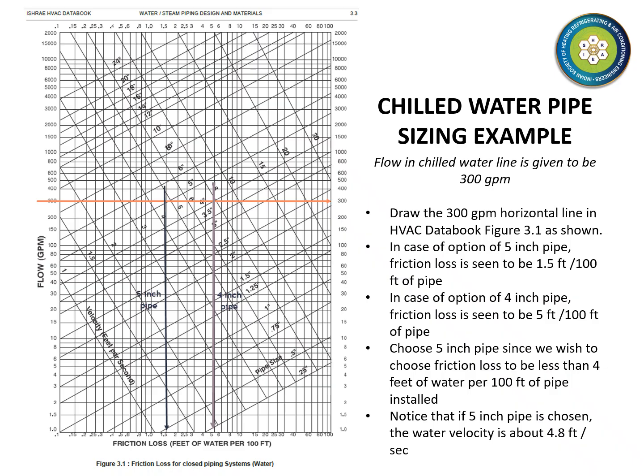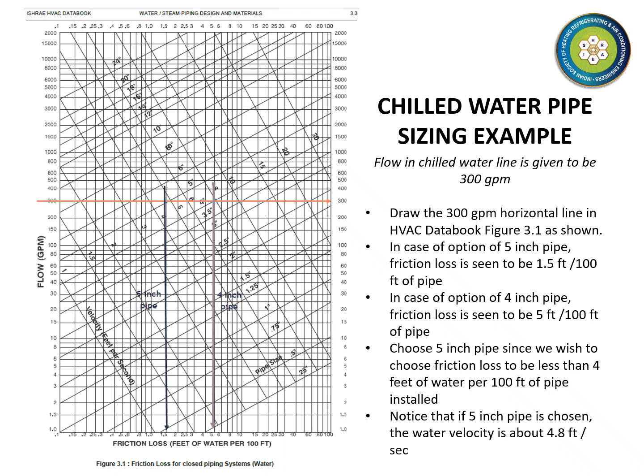We can see from the chart that in case we choose a 5-inch diameter pipe, the friction loss will be 1.5 feet of water per 100 feet of pipe. While if we choose a 4-inch pipe, it will be 5 feet per 100 feet of pipe.